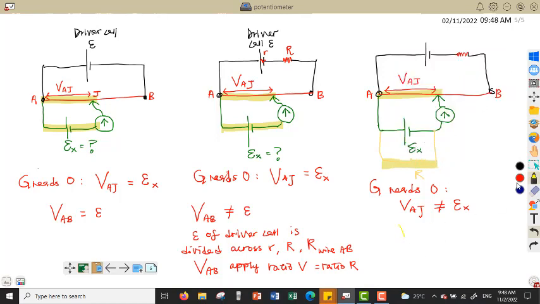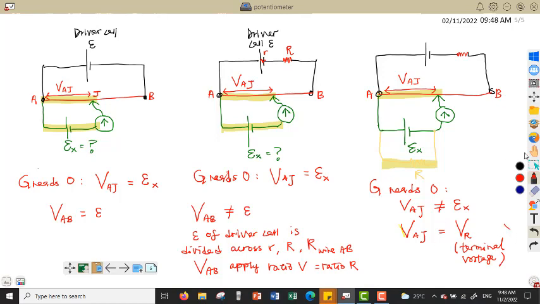So the VAJ will now equal to the voltage across the external resistor, or we call it the terminal voltage. Okay, terminal voltage.